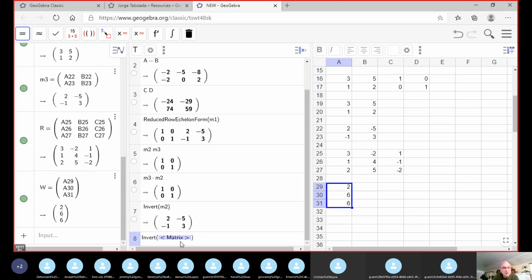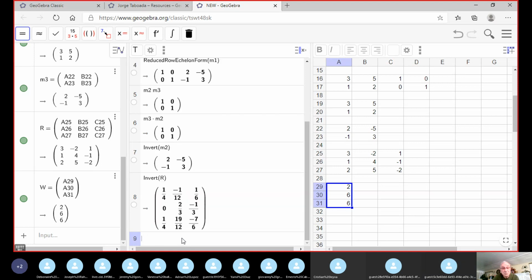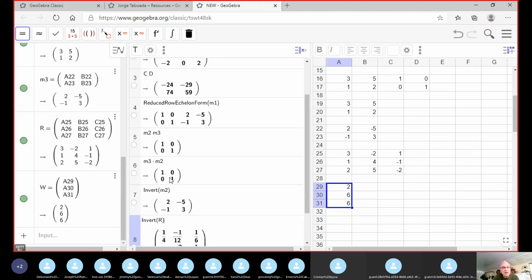What matrix? R. Okay. Oh, this is inverse. Weird. But I like multiplication. I come back to the same operation. Yeah, I put multiplication by W, and I press enter.